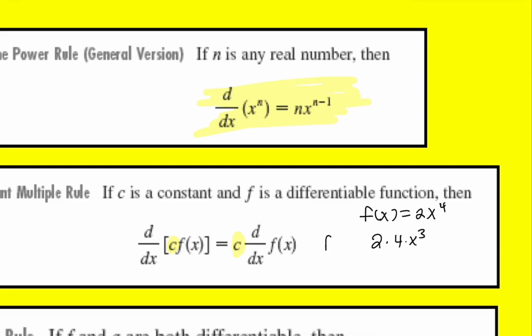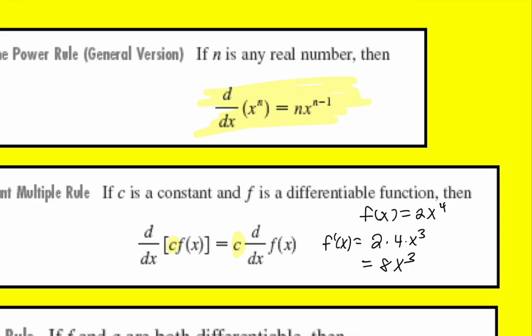So the derivative of that is 8x cubed. Did we have to do that long f of x plus h minus f of x over h? No, because we know the rules now. Okay, so if there's a constant there, it just comes along for the ride and multiplies by whatever the original one was. So an x to the fourth we know is 4x cubed. So it's just 2 times 4x cubed.